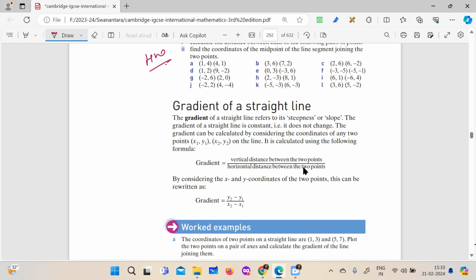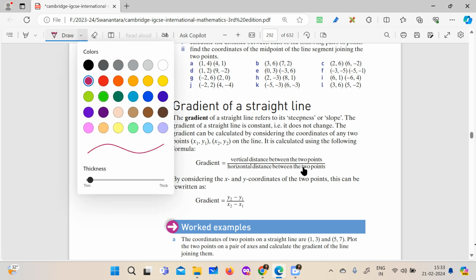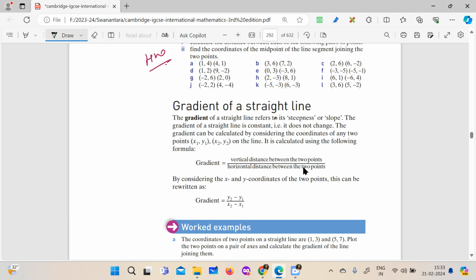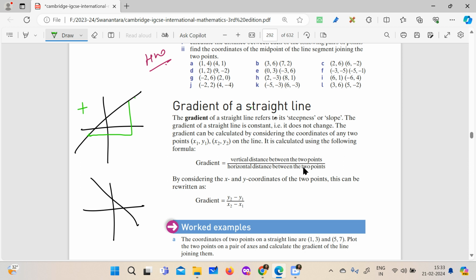You are already aware of the gradient of a straight line. Gradient is nothing but the slope, right? As I told you earlier, when you have a straight line like this, this is the slope, and here your gradient will be positive.